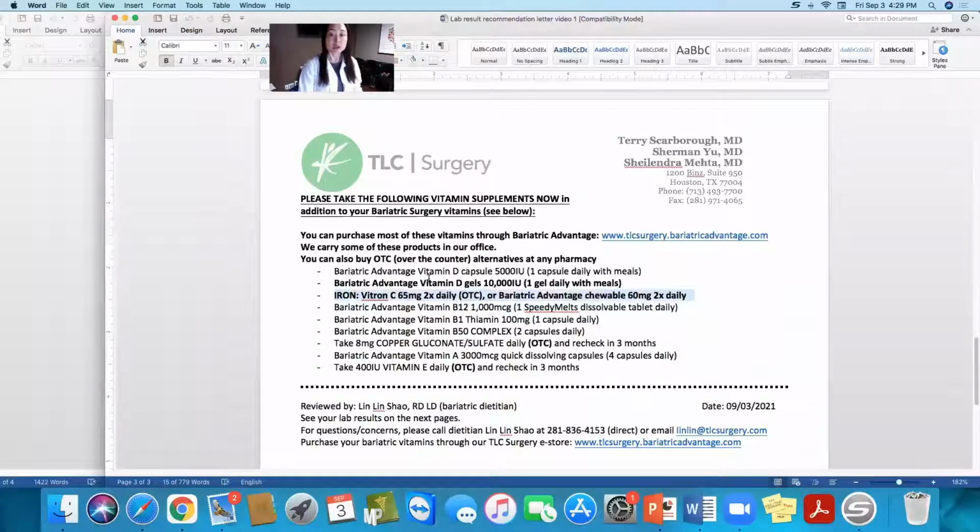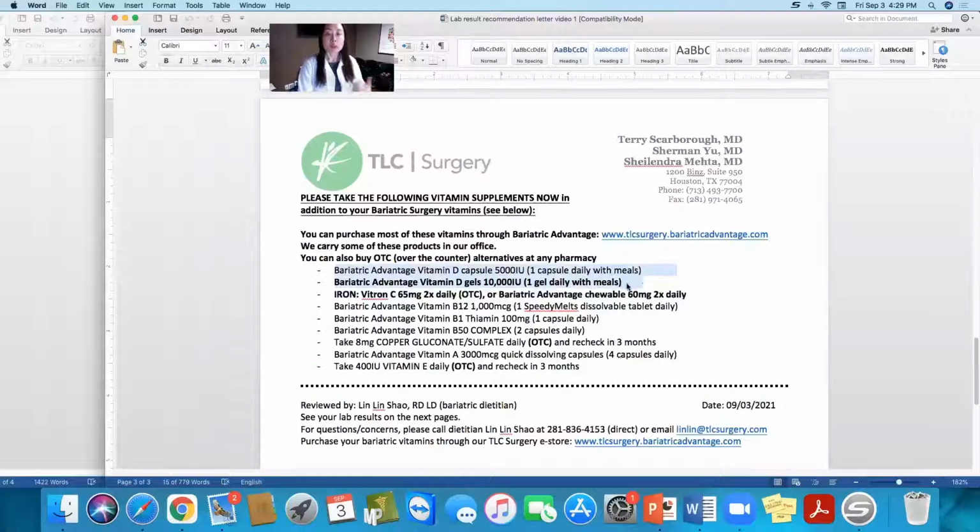If your vitamin D was low, I'm going to recommend that you take extra vitamin D. Because you are a bariatric person, I recommend that you get bariatric products. And the brand that we recommend is Bariatric Advantage. You can get some of these products in our office. Otherwise, you can buy them directly online from our e-store. So it's up to you.